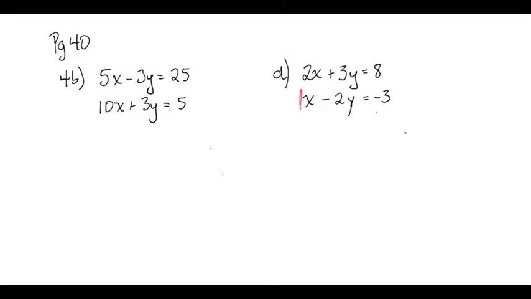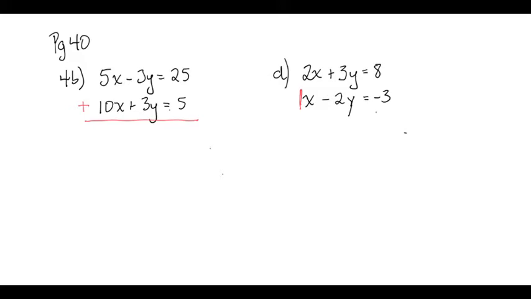So let's take a look at 4b. If we're solving 4b, what we would want to do is add or subtract these two equations to eliminate the variable y. Because these are opposite signs, if we add the two equations, we will eliminate the variable y. So here we go. They're already stacked up one over top of the other.